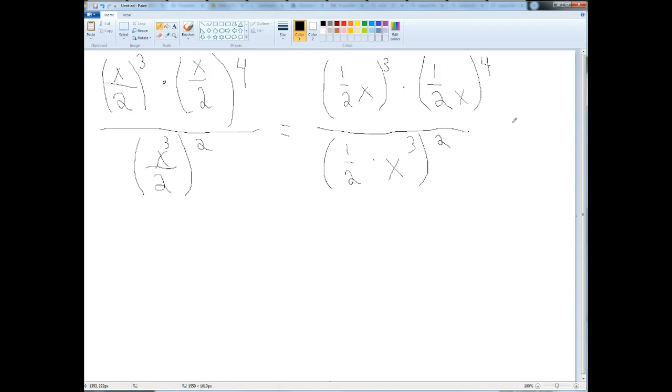Okay, so now we can keep manipulating this some more. This is probably new information, but you can extrapolate what you learned in the chapter about exponents. Going back to the top there, we're going to simplify.